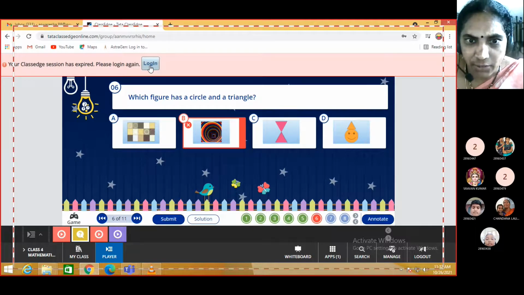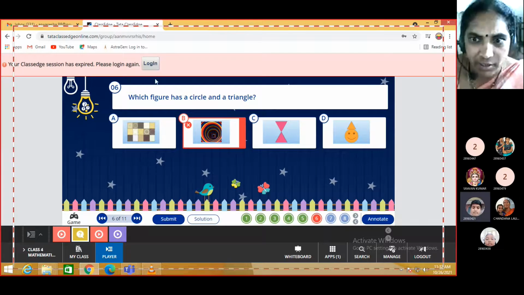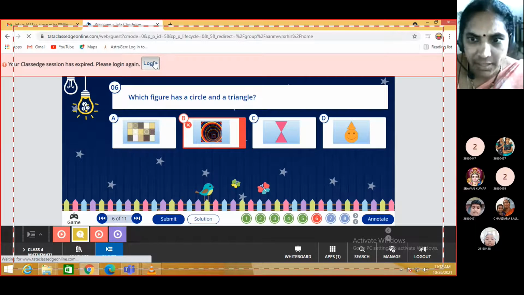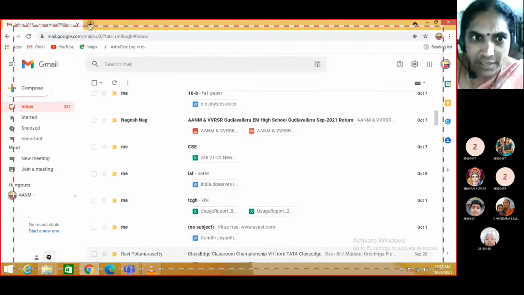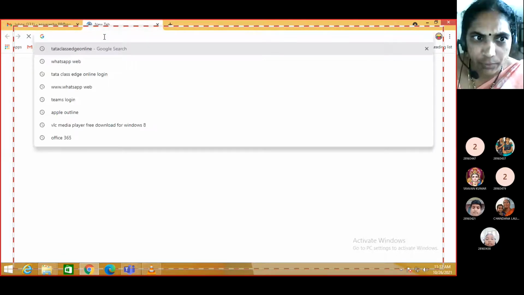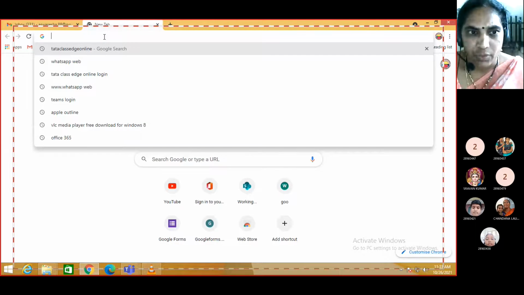The figure should have a circle and a triangle in it. D, ma'am. Yes, D. Okay, let us see whether D is right or wrong. Just give me 2 seconds.